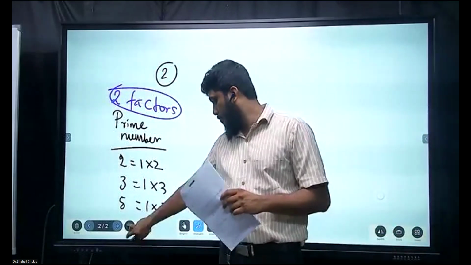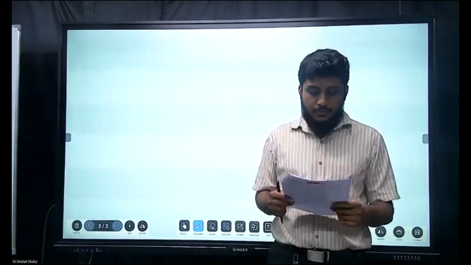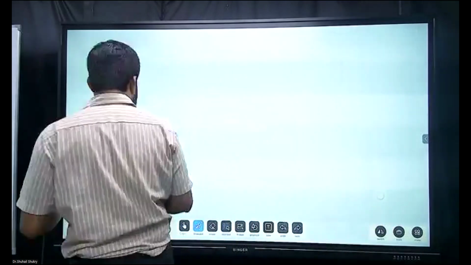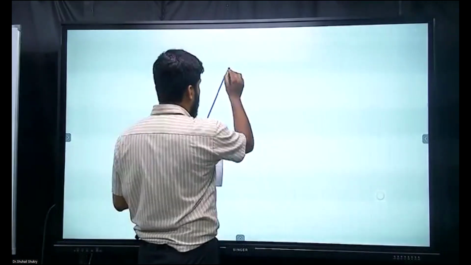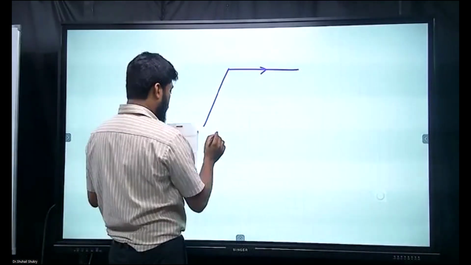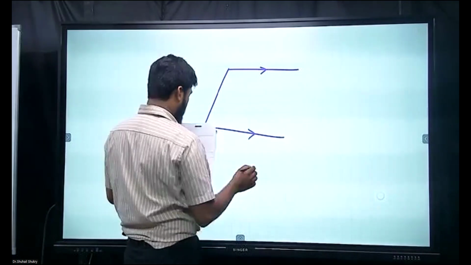Number 3, they have asked in the figure, they have given a picture like this. Here is a picture.